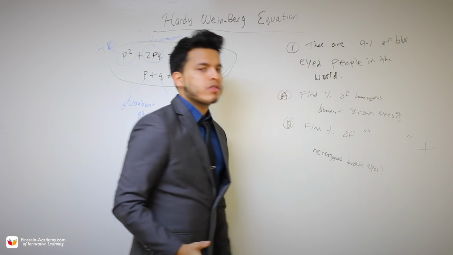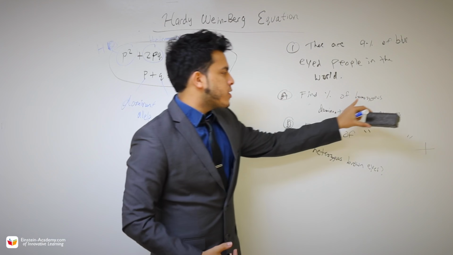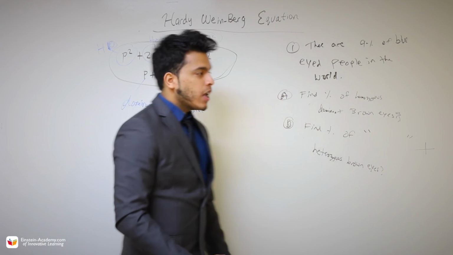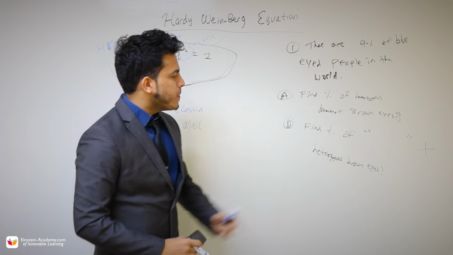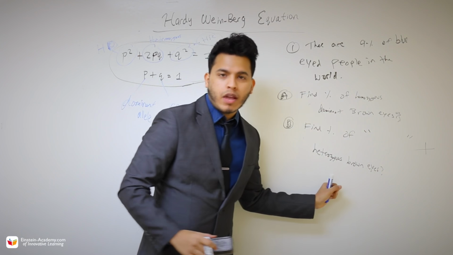So there's going to be two answers to the question. The first one asks find the percentage in the population that have homozygous dominant brown eyes, meaning big B, and find the percentage of homozygous dominant brown eyes plus heterozygous brown eyes.